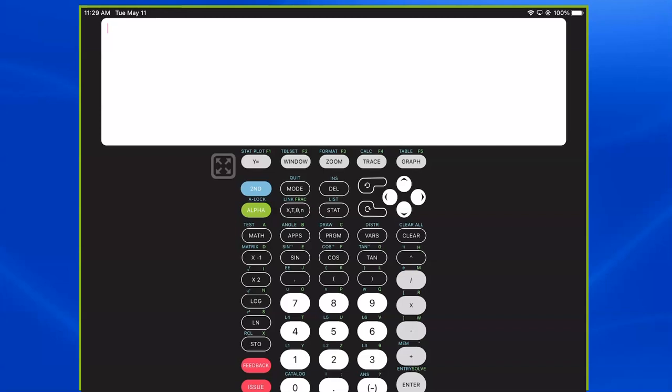If you look above your tangent button, in blue it says tan to the -1, that's your tangent inverse. So anytime you want to get to a blue option, you hit second, tangent, and you should get tan inverse. Is anyone not seeing that or not able to find it? Second tangent gets you that tan inverse.